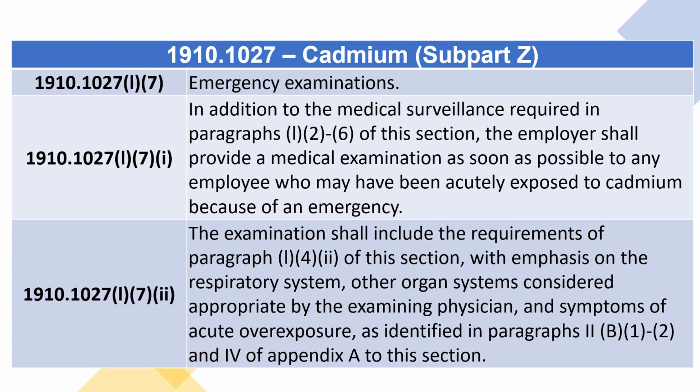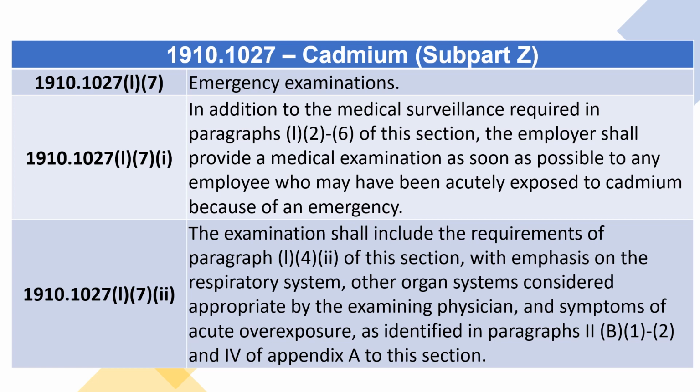1910.1027 L7 Emergency examinations. 1910.1027 L7 I. In addition to the medical surveillance required in paragraphs L2-6 of this section, the employer shall provide a medical examination as soon as possible to any employee who may have been acutely exposed to cadmium because of an emergency. 1910.1027 L7 2.